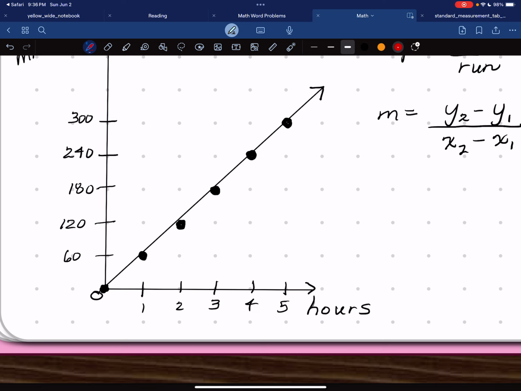So here, when I run 1, that's too big. When I run 1 unit, I rise 60 units. Okay, so this is point 160.